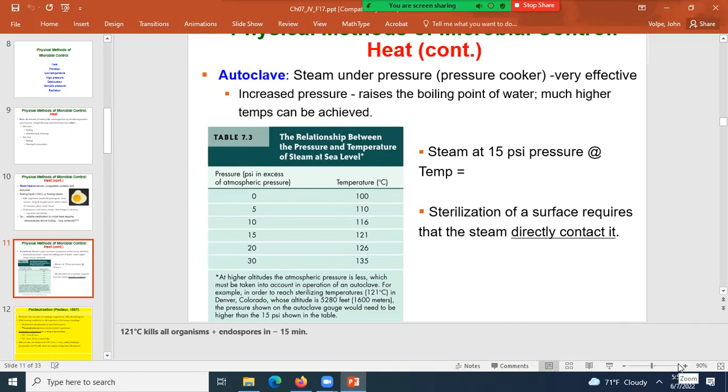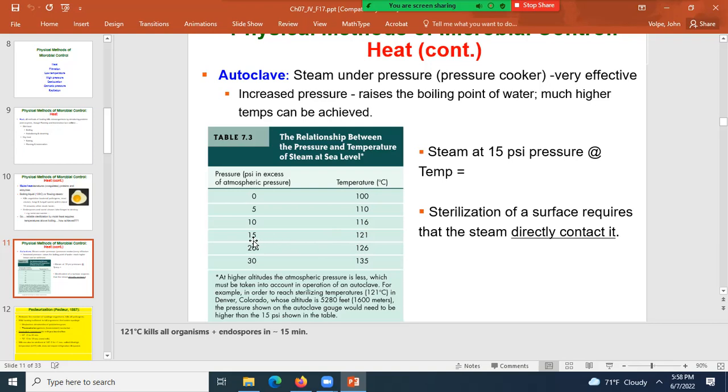Autoclaving is a very large pressure cooker where it's very effective at killing cells because you have the cells exposed to a high temperature. It's usually 121 degrees Celsius or higher under pressure, and that's 15 pounds per square inch. And then that kills most microbes within 15 minutes.